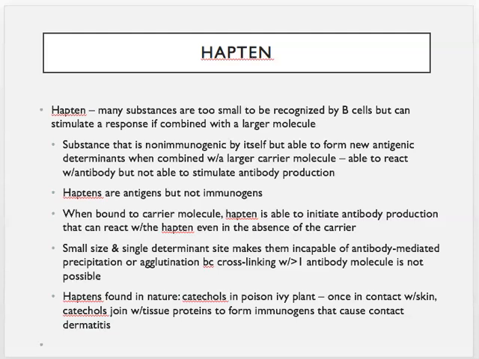And it's happening by those multiple antigen-antibody complexes cross-linking together. Haptens are also found in nature. So catechols are found in poison ivy plants. So once they come in contact with your skin, the catechols join with your tissue proteins to form immunogens that cause that wonderful contact dermatitis.